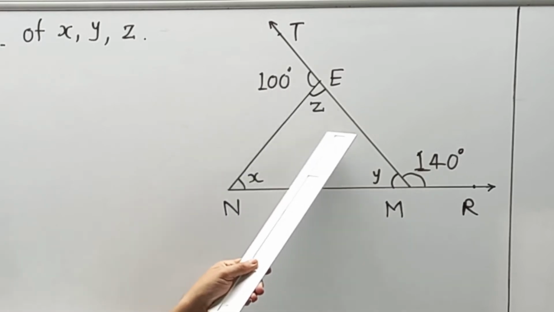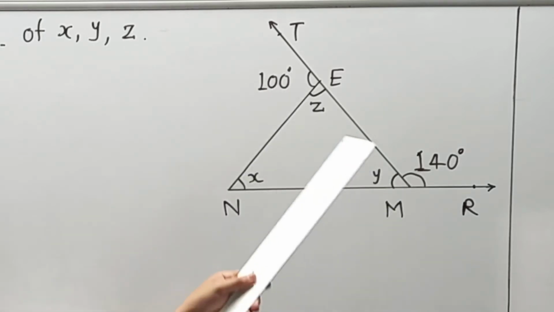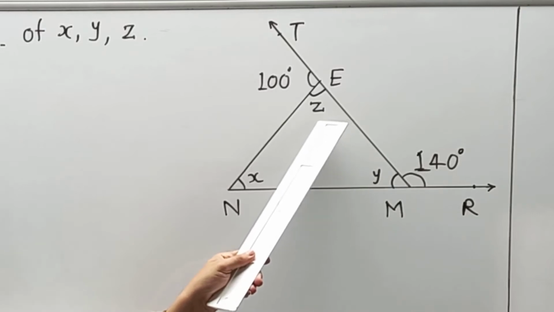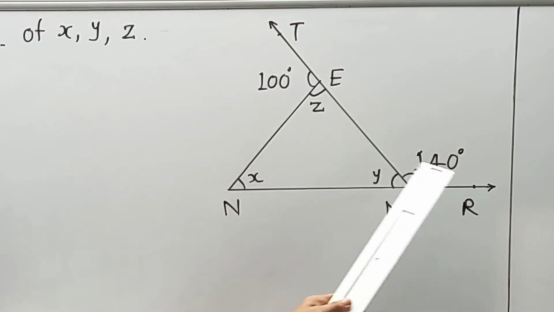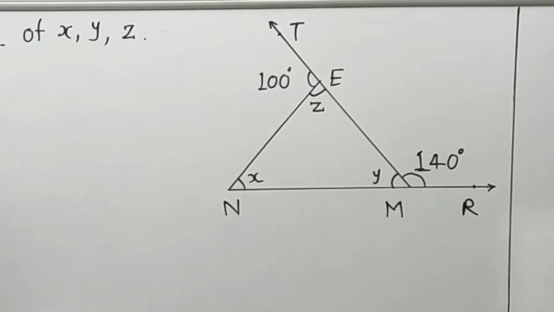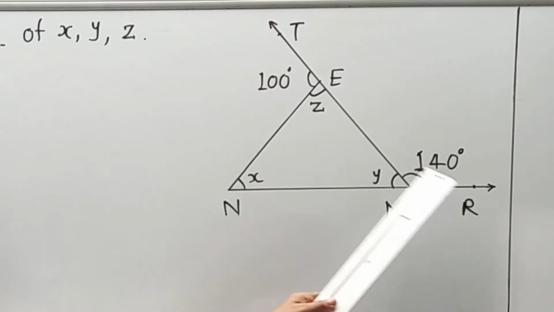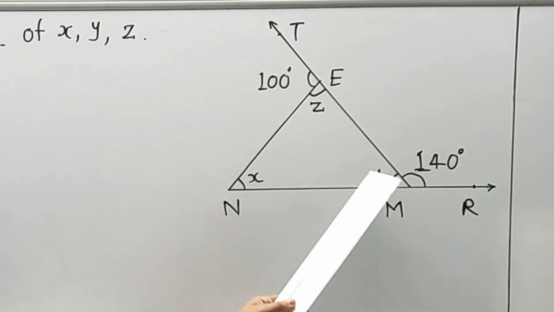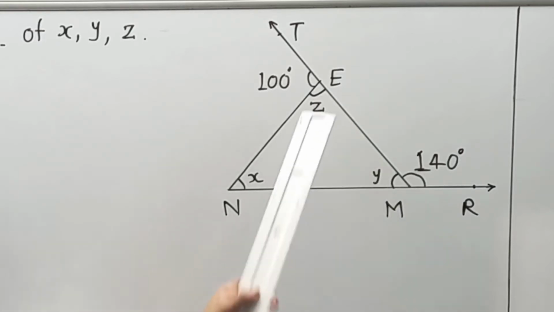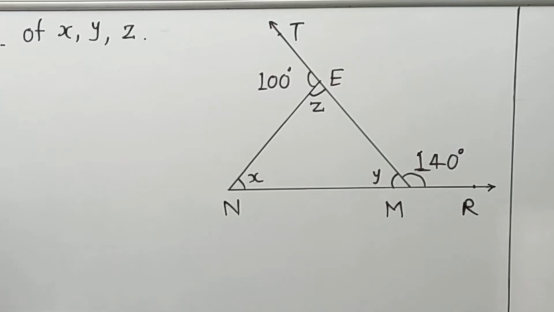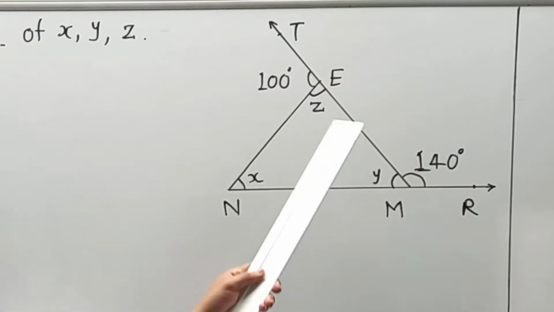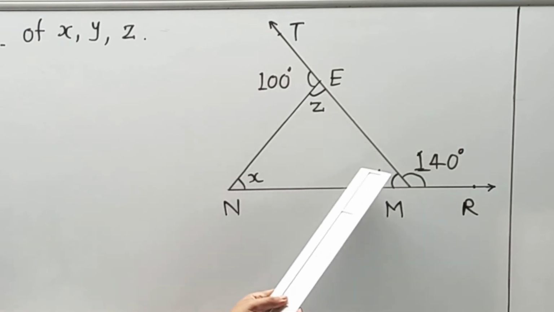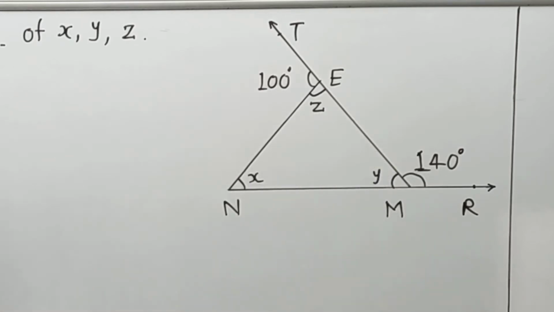It means 100 plus angle Z is equal to 180 degrees, and with that we can find the value of angle Z. Next, angle Y plus 140 is equal to 180 degrees because of the linear pair, and with that we find the value of Y. When we have the values of Z and Y, with the sum X plus Y plus Z equal to 180 degrees, the sum of the angles of a triangle, we can automatically calculate the value of X. In this way we are going to solve this part.